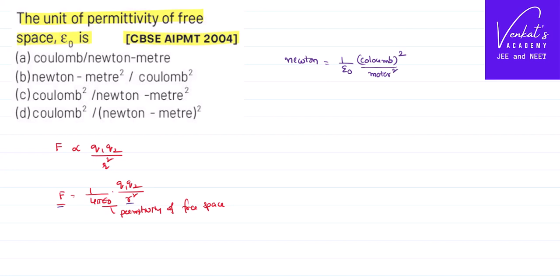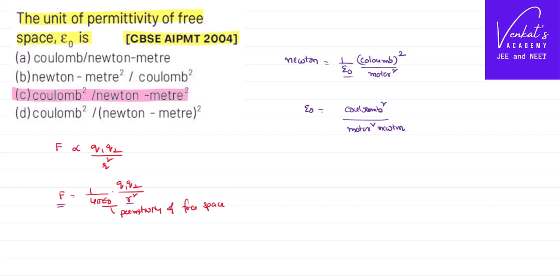So epsilon naught has a unit of, get the epsilon naught to this side and Newton to that side, Coulomb square by meter square and Newton. So among the options available to you, it is Option C. That's the answer for the problem.